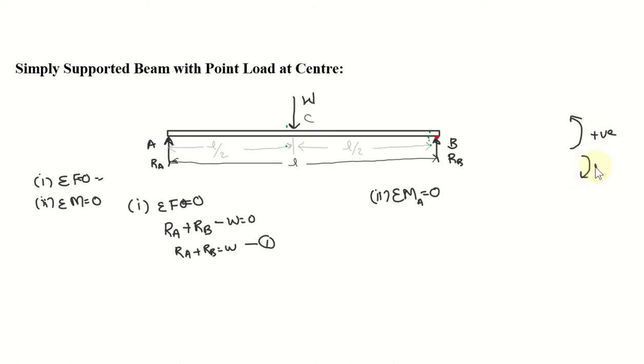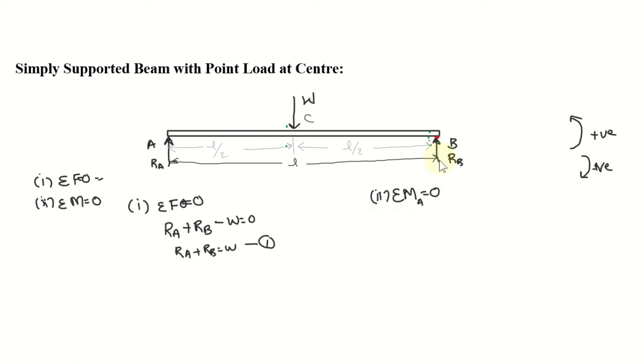Please remember that, or vice versa we can take. As of now we are considering anti-clockwise as positive and clockwise as negative. The sum of moments about any point is 0. I am taking that point as A, so whatever force I consider, I have to take the distance up to A.